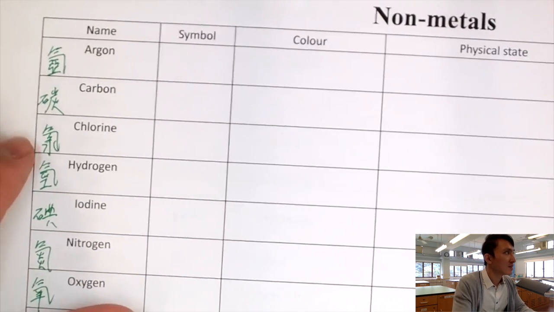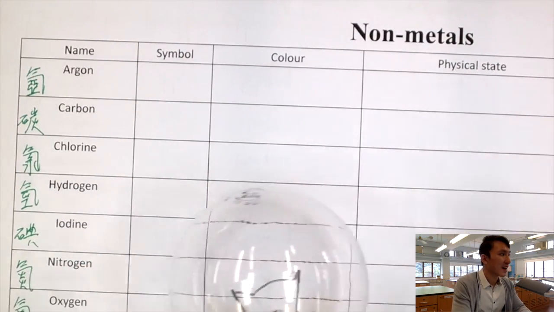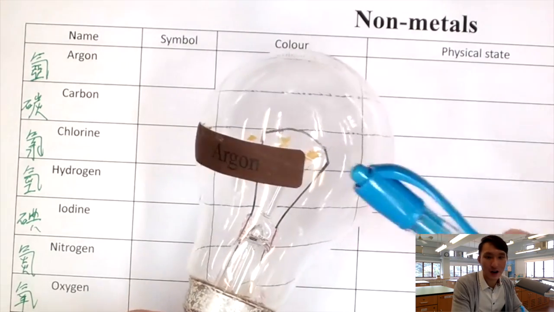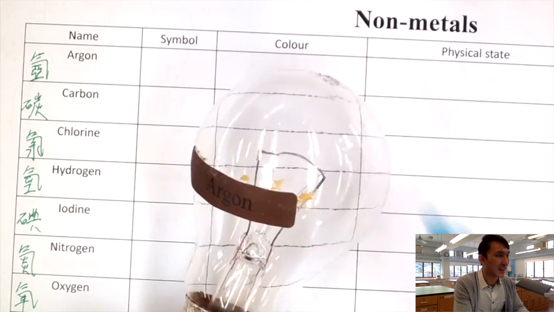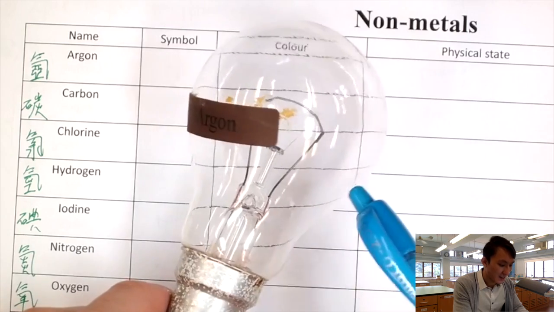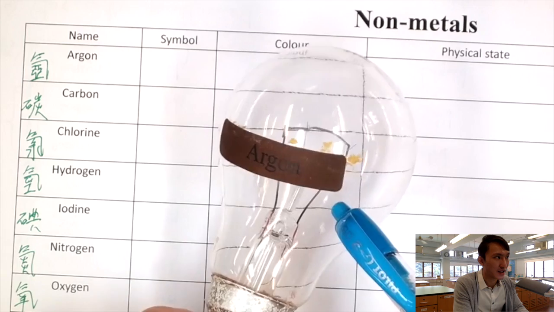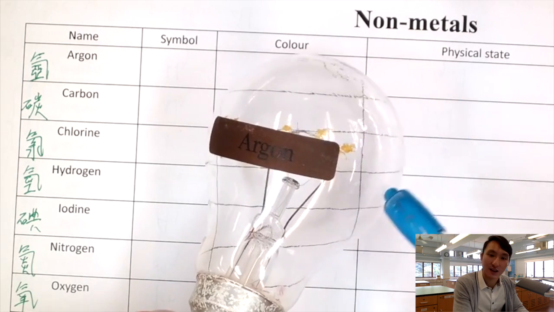Now, argon. So here, argon. Why is it a light bulb? Is a light bulb made of argon? Actually, no. The light bulb is made by the glass, it's made by the tungsten filament inside, and it has other metal pieces. But here what we are trying to say, argon, is actually the gas inside the light bulb.